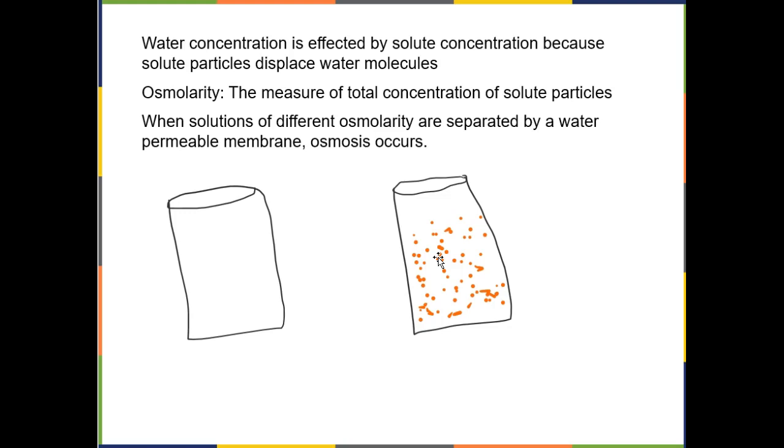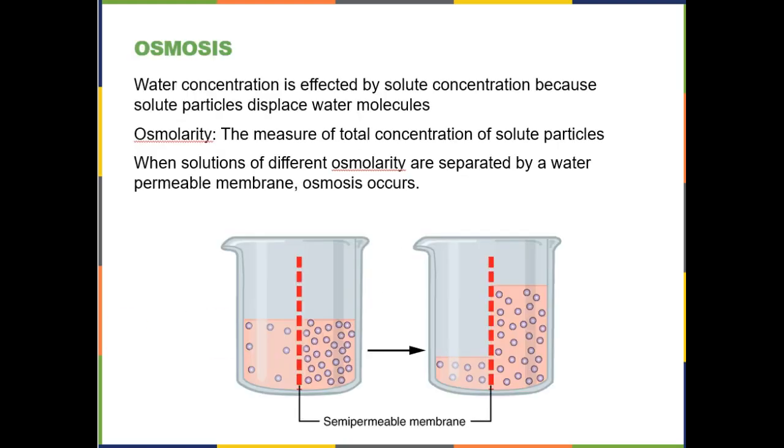So because solutes occupy space, they reduce the number of water molecules in a given volume, reducing the concentration of water in that compartment. And then osmosis happens when you have two watery solutions, like the inside of the cell and the outside of the cell, separated by a membrane, and there's differences in the solute concentration.